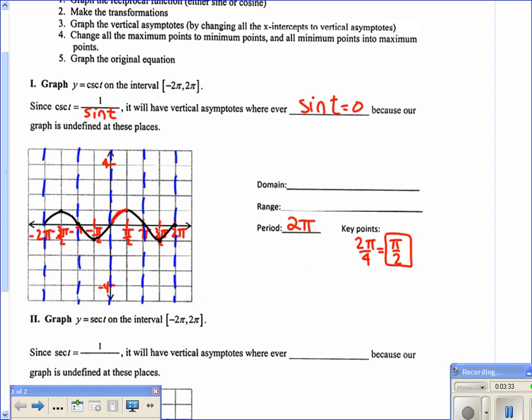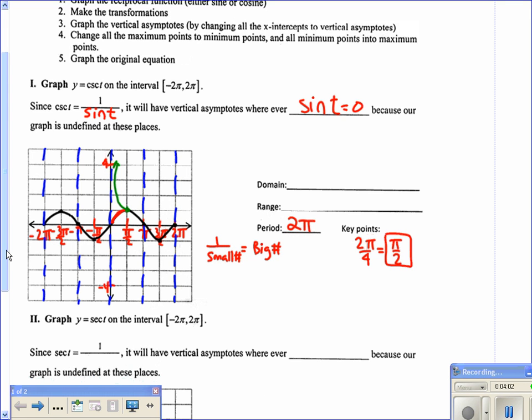When you have 1 over a small number, remember it's really equal to a big number. So this part of my graph is going to be coming up and going that way. If I do pi over 2, the sine of pi over 2 is 1, so the cosecant would be 1 over 1, which is still 1, so that's why this point stays on my graph.